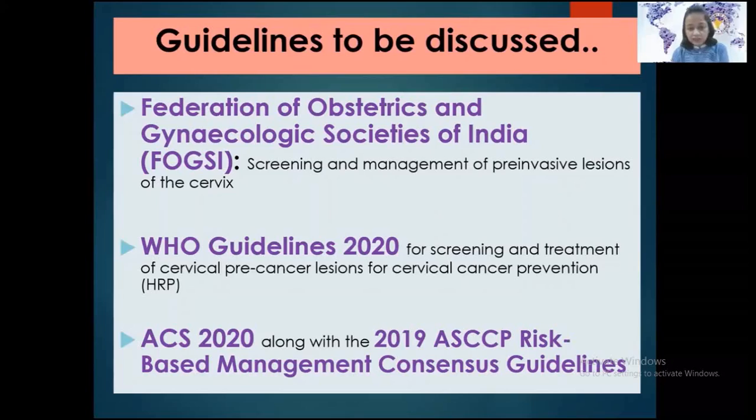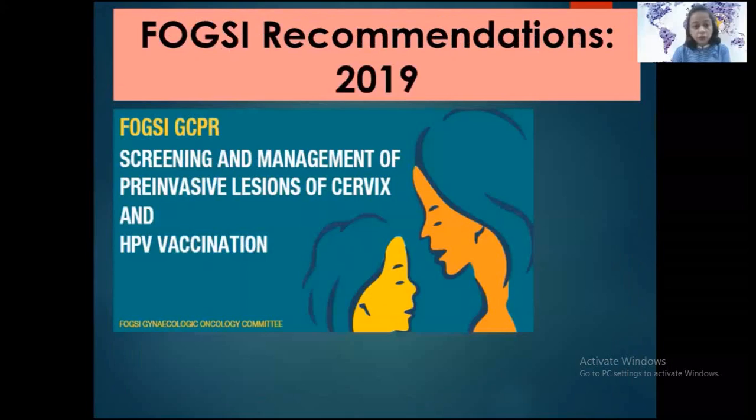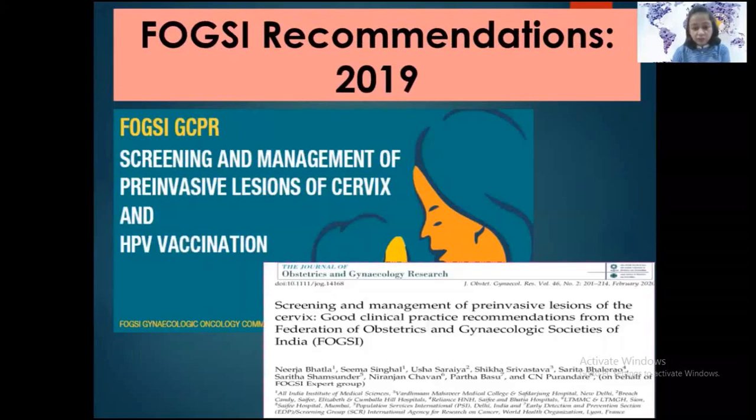So the FOGSI guidelines, unlike these global guidelines, are very flexible, and they have not laid down stringent or rigid criteria, and most of the recommendations have been derived from the WHO and the ACS guidelines only. So let us begin with the FOGSI recommendations 2019. These were published in the Journal of Obstetrics and Gynecology Research in Feb 2020.